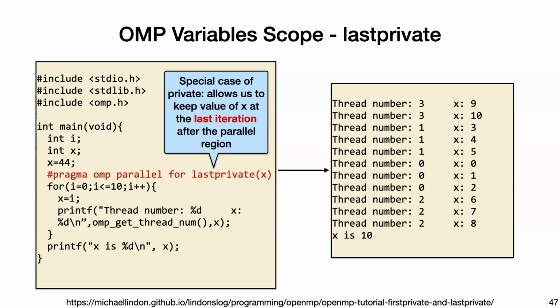So that is private. And then there are some special cases of private in OpenMP. There's lastprivate, which keeps the last value of X from the last iteration. So up here was the same as before, and now X is 10. Previously X was 44.